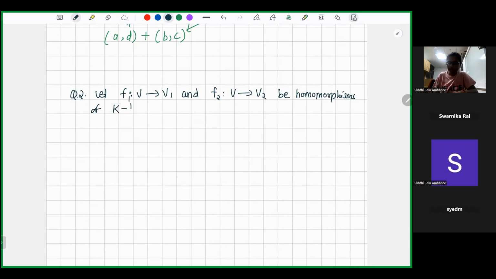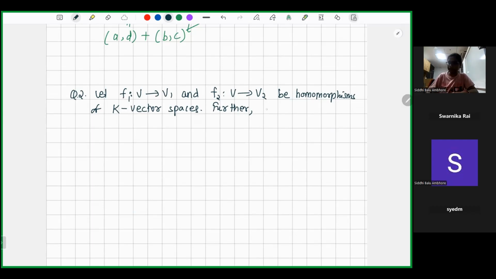Which question is this? This is 6.5 of the assignment sheet. Homomorphism of K vector spaces means that it is a linear map, a K linear map. It is on page number 4, the last page. Okay.